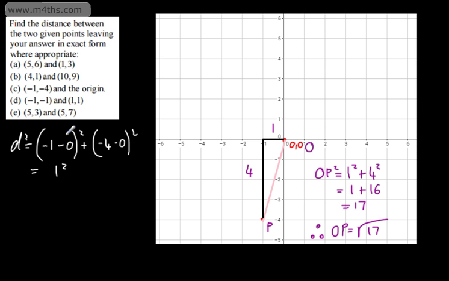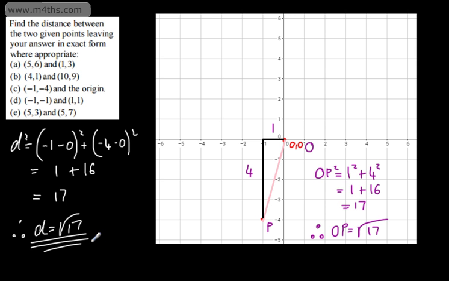Remember, squaring a negative is the same as squaring a positive. Perhaps I'm a bit slack just to write that. I can write that as 1, and then plus negative 4 squared is 16, so d squared is 17. Therefore, we can say now that d is the positive square root of 17.